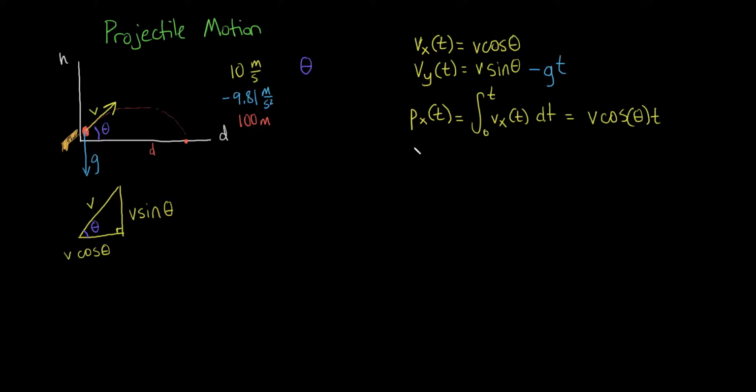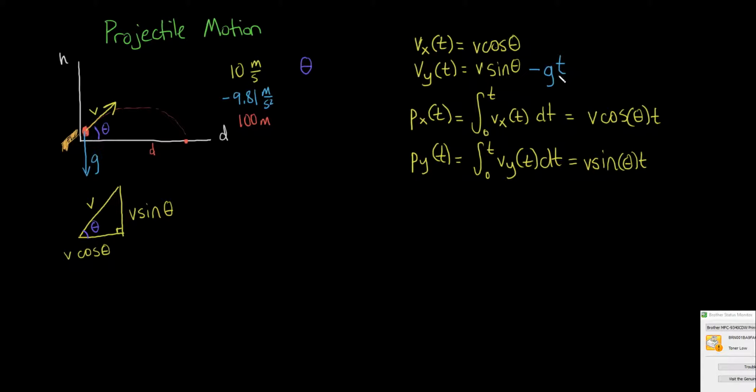All right, let's do the y. So the y component of the position vector, again a function of t, is going to be the integral from 0 to t of vy of t dt. And what is this going to be? Well, we have two terms now. We have v sine of theta, which looks like a constant, so we just get v sine of theta times t.